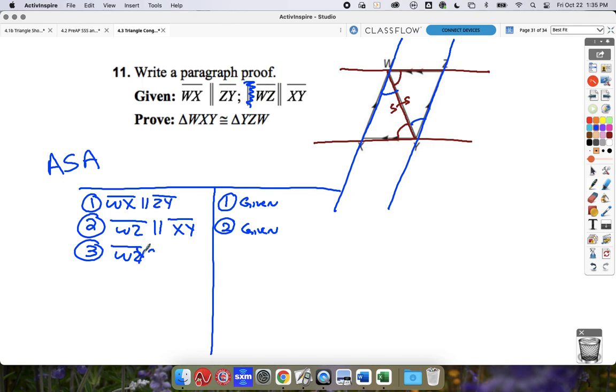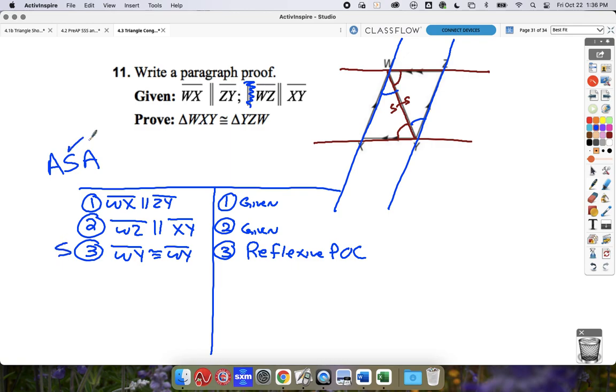Side WY is congruent to side WY. Reflexive property of congruence. That is our side statement. Check.